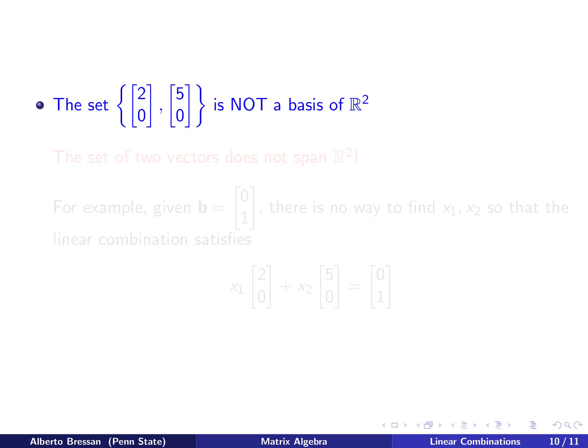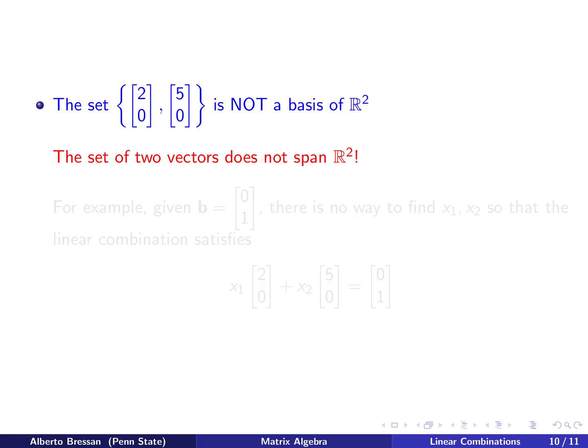Okay, one more example in R2. It's an example where we want to show that this set here is not a basis of R2. And there are various ways one can show this, and any of the conditions for a basis can be used to verify that.